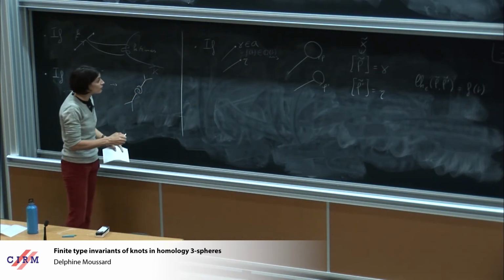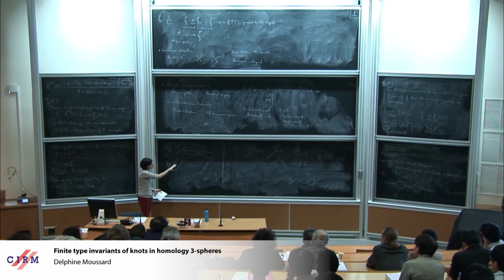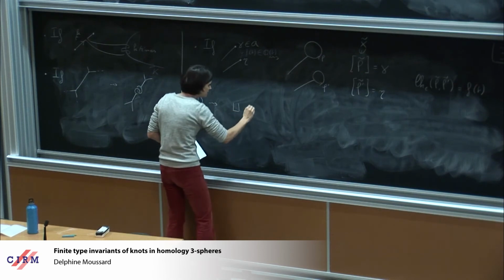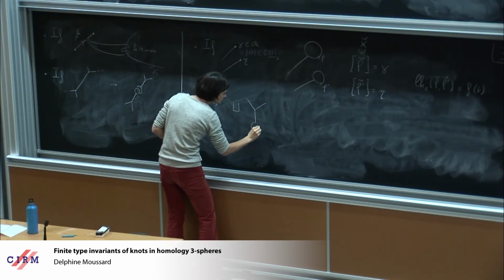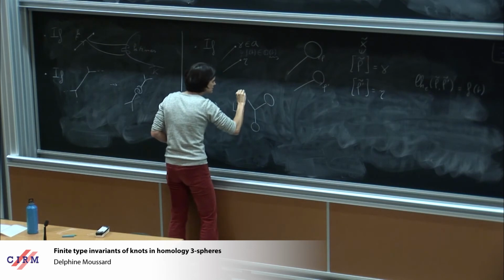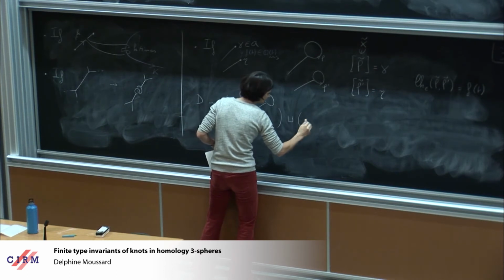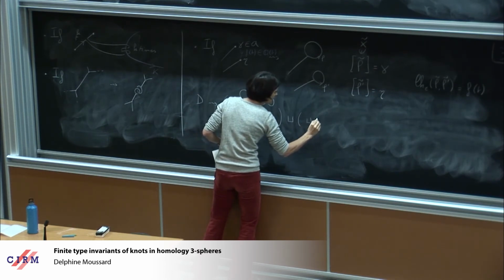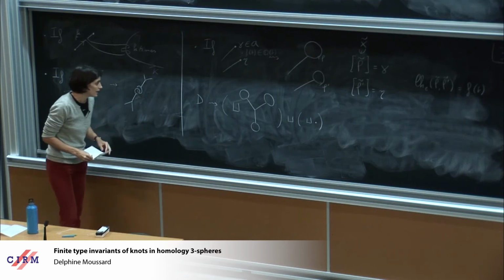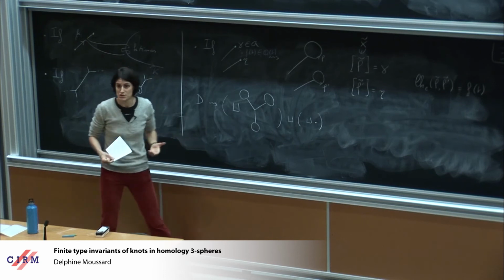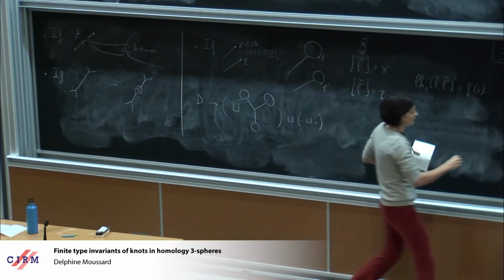Okay, so once we have made all these modifications on the diagram, what we get from the diagram D is a disjoint union of graphs of this form that are called Y graphs, and we still have our univalent vertices and isolated vertices. So now the idea is to associate a surgery to each connected component.